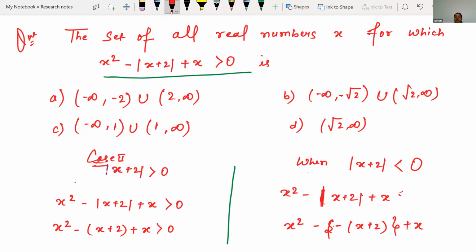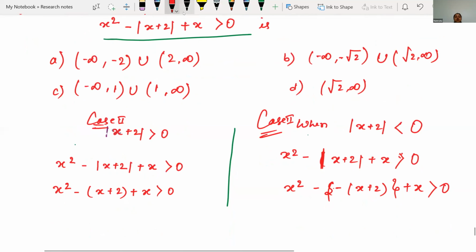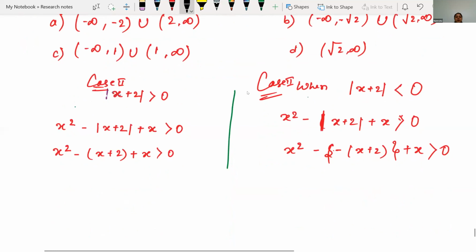Is it clear to both of you? So these are the two cases. Now we will solve each case carefully and figure out what interval we are getting from here.